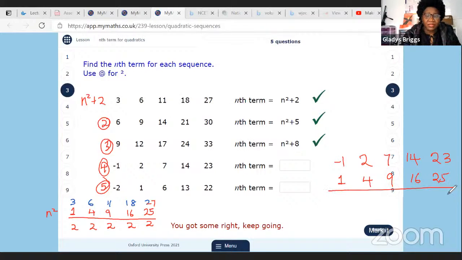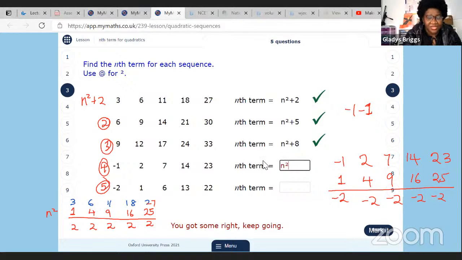So that is -2, -2. Did we all get -2? Let me check. What did we get? n squared minus 2. Okay, let's try that.